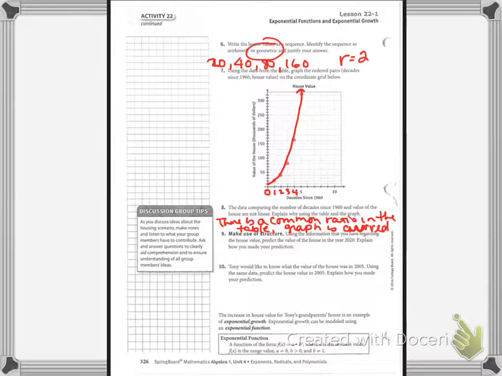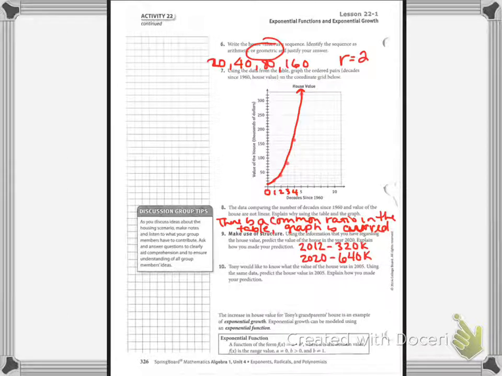We went to 2010 and we said that it was 320. And we can just double that for 2020 to 640. Or you could figure out how many decades from 1960 2020 is, and you could do it that way. Extending the table since we have the previous one is probably easier.